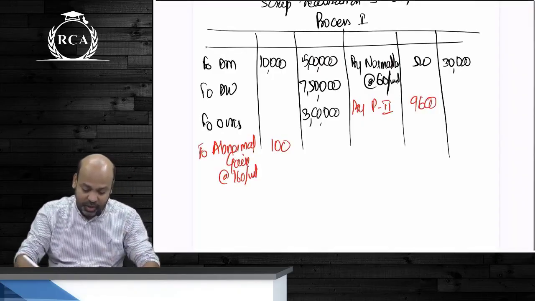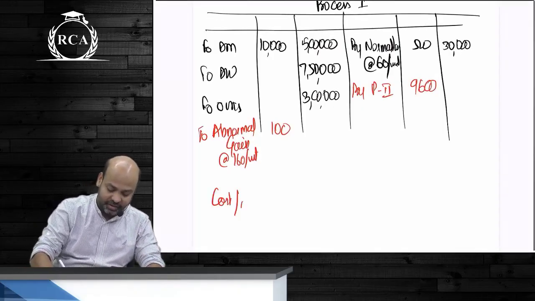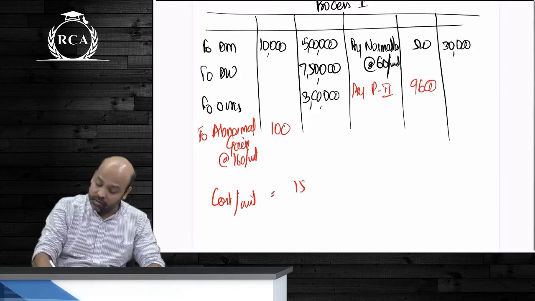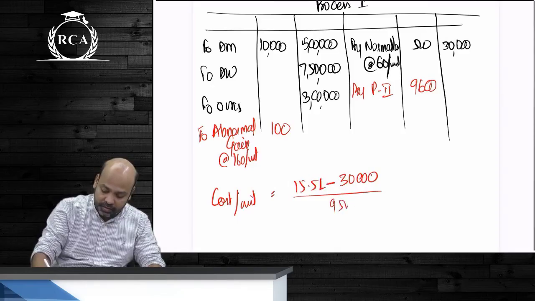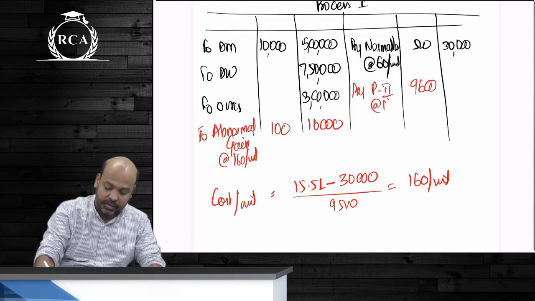My cost per unit does not change, guys. It will remain at how much? 160. 15 lakh 50 minus 30,000 divided by 9,500 units, 160 rupees per unit. So this will be 16,000 and this will be 160.